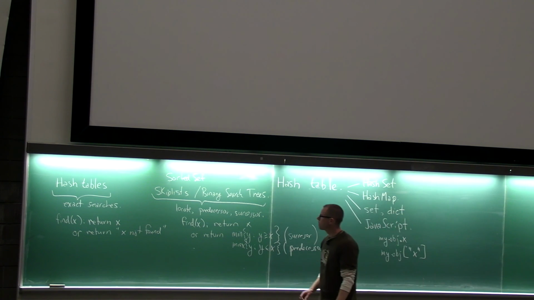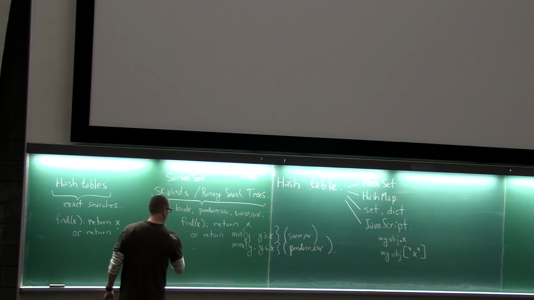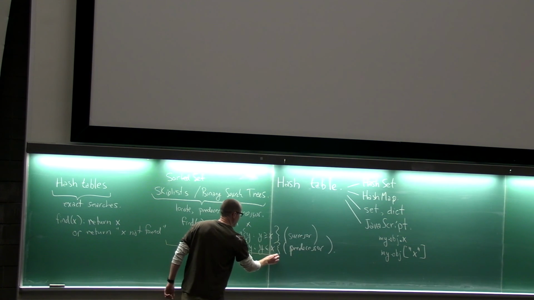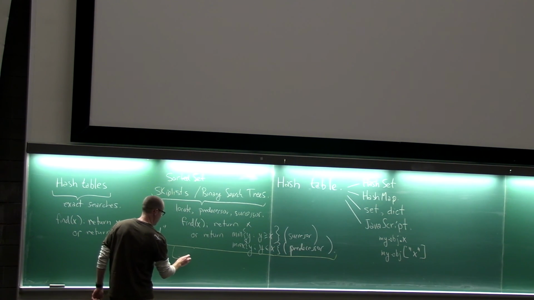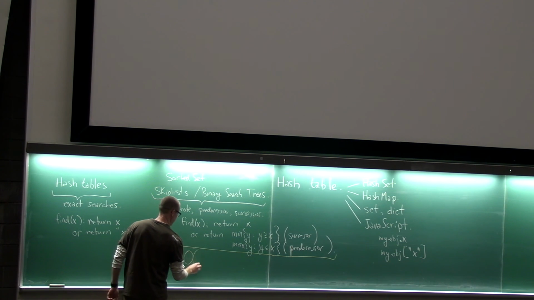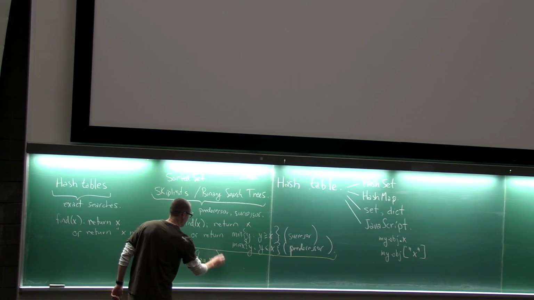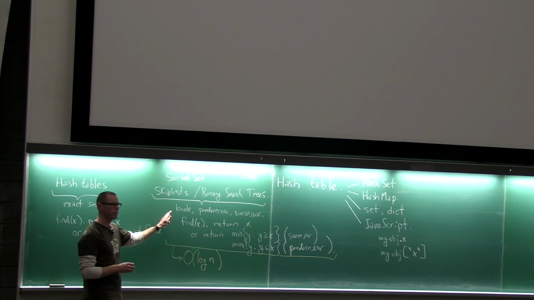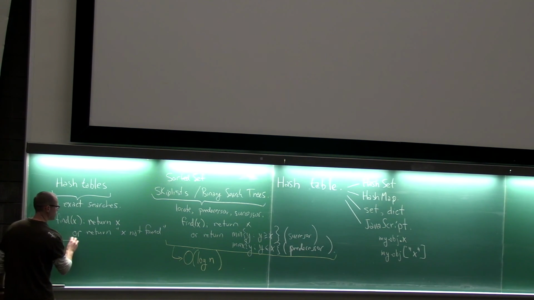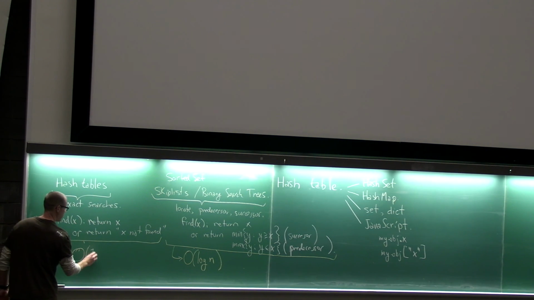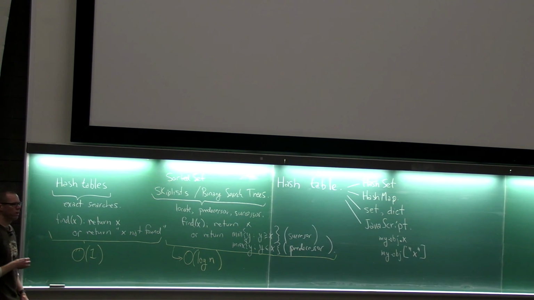These guys, at least the ones that we are going to study, they all take log n time to answer these queries. These hash tables, which is why they're used so much, they don't. They take constant time to answer their queries.